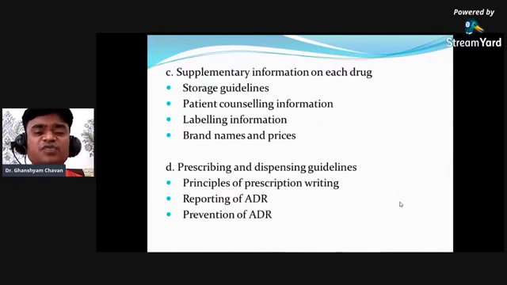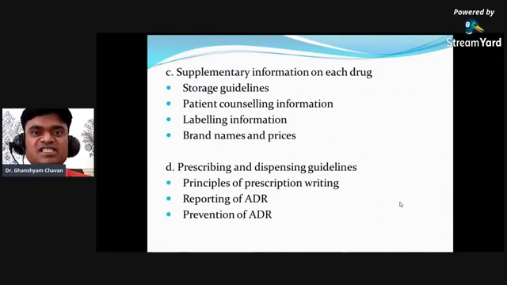At the international level, there is an International ADR Report Center located at Uppsala, Sweden. Now in India, there are 6 centers. In 2010, 6 centers were developed for ADR reporting in India. First is at New Delhi, second at Mumbai, third at Kolkata, fourth at Lucknow, fifth at Chandigarh, and sixth at Pondicherry.